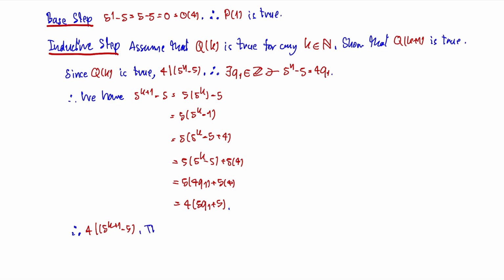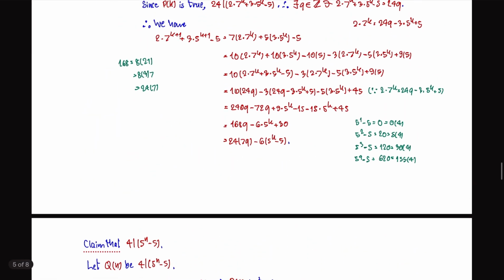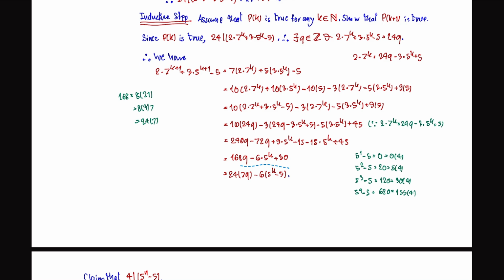Okay, therefore Q of k plus 1 is true. Okay, and hence 4 divides 5 to the n minus 5, okay, for any positive integer n. Okay, now let's go back to here.